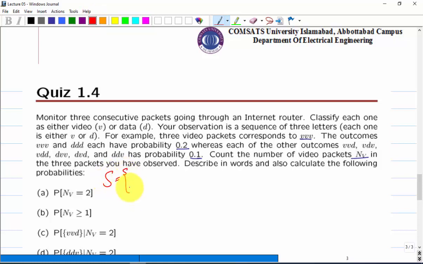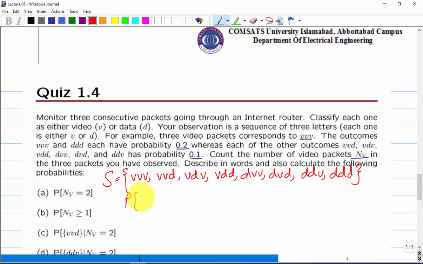We have only 3 consecutive packets which we are monitoring, so they could be either VVV, VVD, VDV, VDD, DVV, DVD, DDV, DDD, and their probabilities are already given.